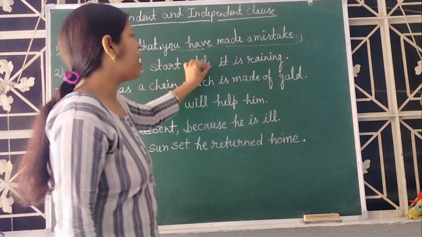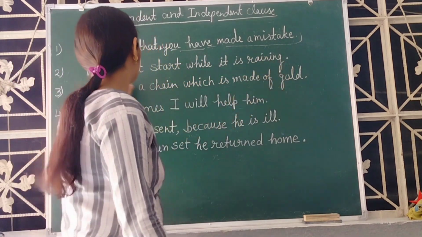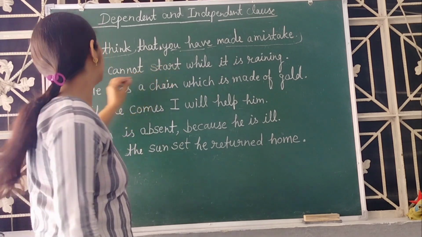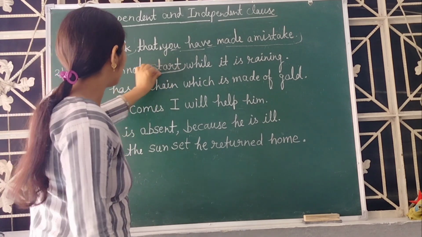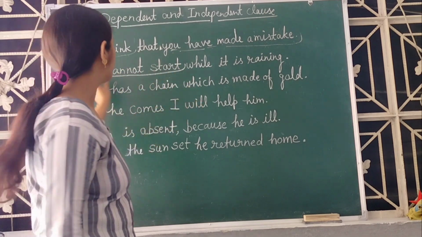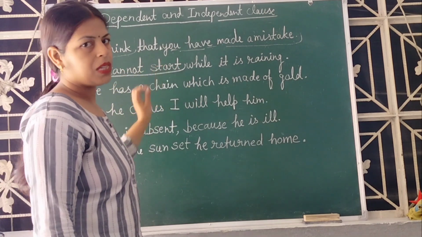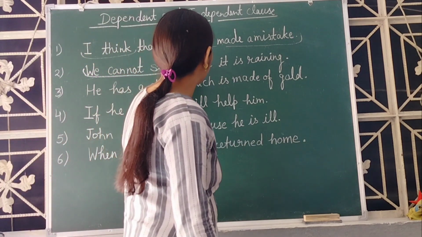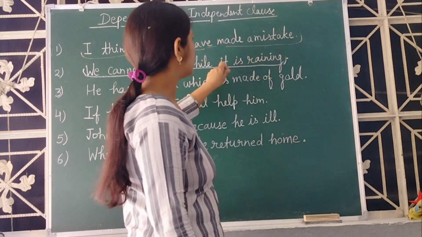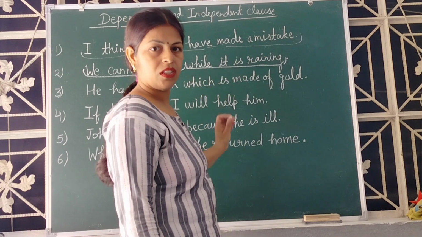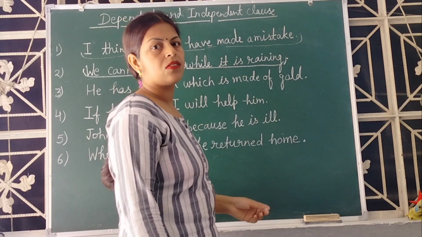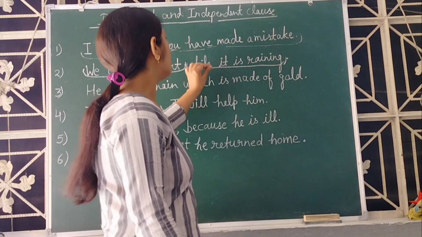We cannot start while it is raining. Here we have two clauses in this sentence. We cannot start. We have a subject and verb combination here, so it is a clause. While it is raining, it has a subject and verb combination, but while it is raining, so what?